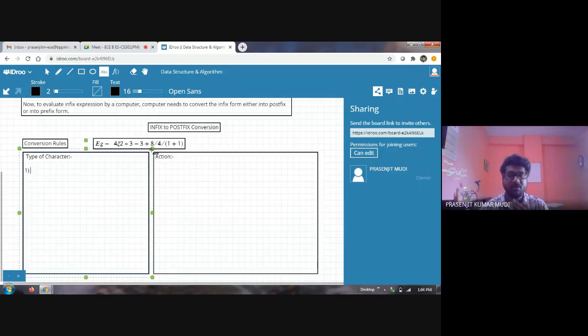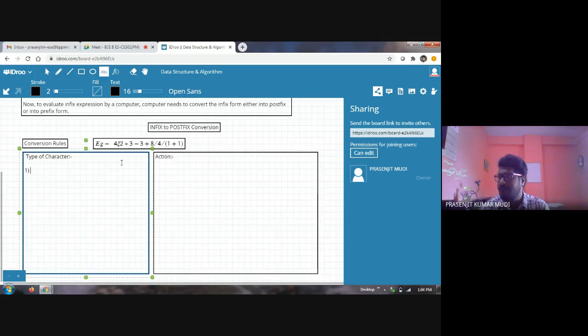The slash means a division operator. Then 4, then division, then bracket, 1 plus 1, bracket close. Each of these characters will be scanned one by one.